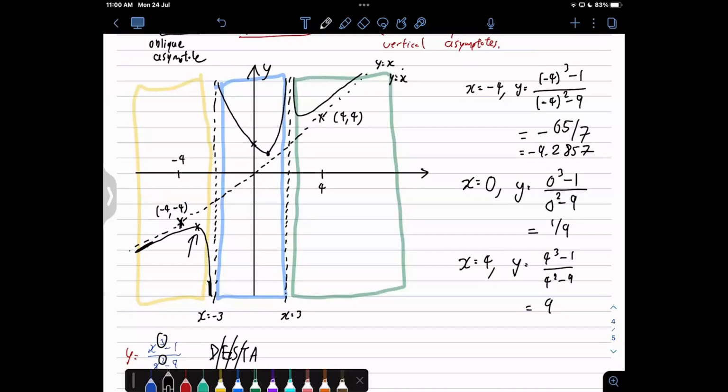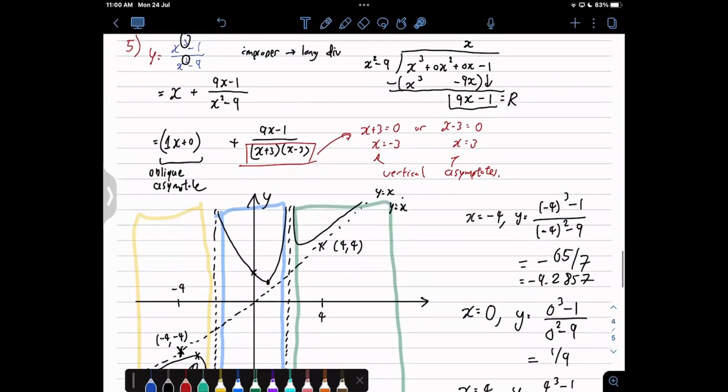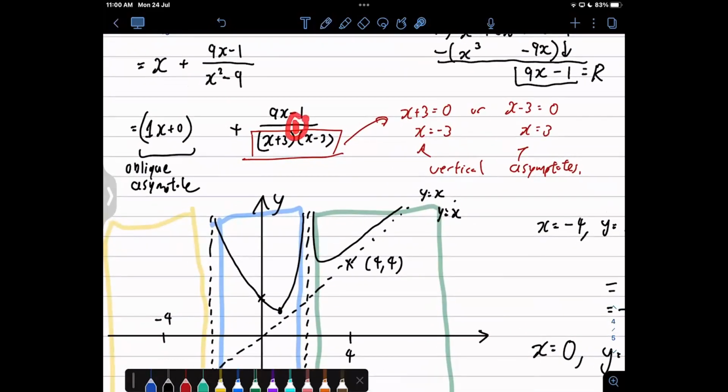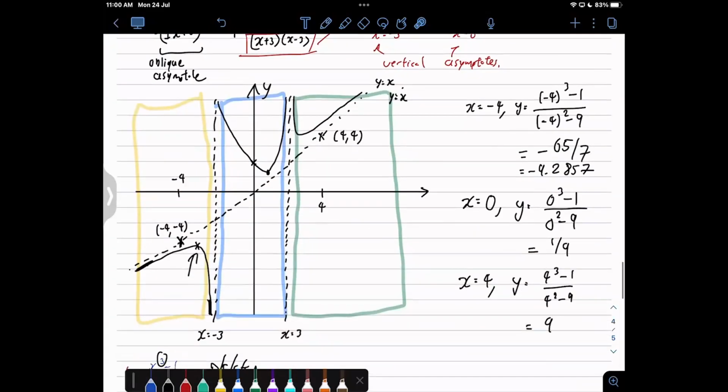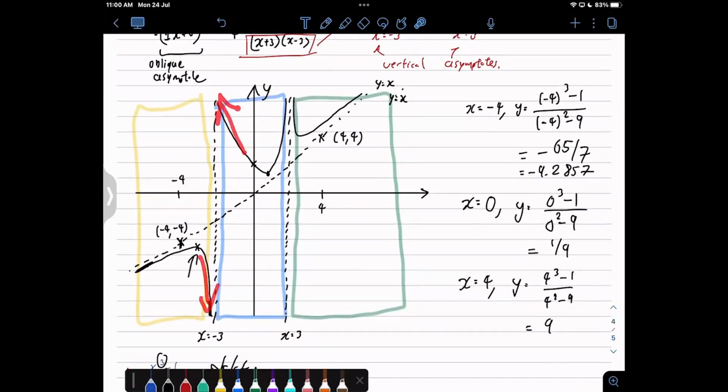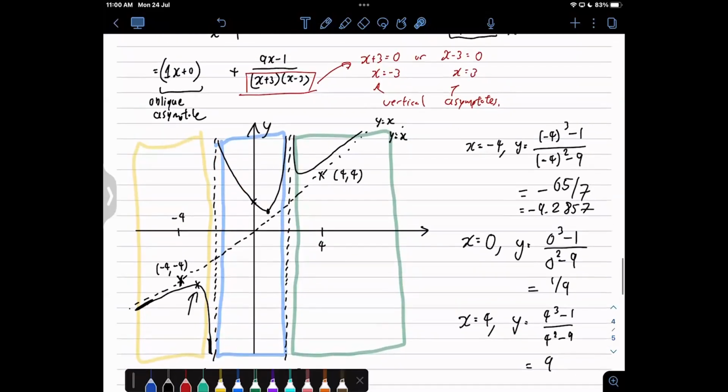That's all. The only thing left is odd or even. If you really want the odd or even, x plus 3 is to the power of 1. 1 is an odd number. So at x equals -3, we will have the asymptote approaching in different directions. How about this other one, x equals 3? It's the same direction. Oh, something suspicious going on.